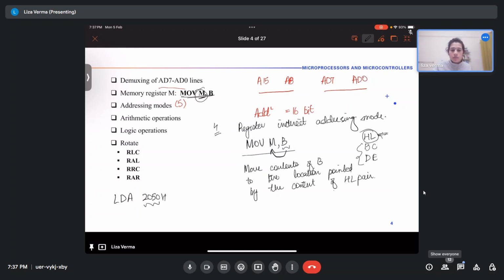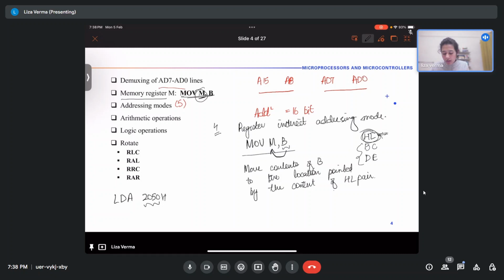Yes. But here, move M comma B is similar to the register addressing mode instruction, right? For example, move A comma B. So in this case only this M is differentiating the two instructions. Yes, M will always mean the HL pair.